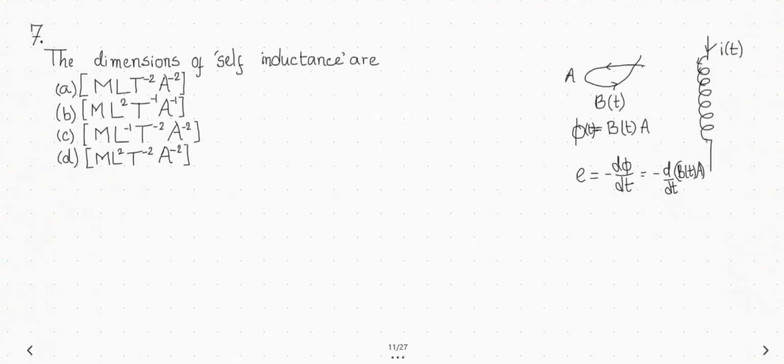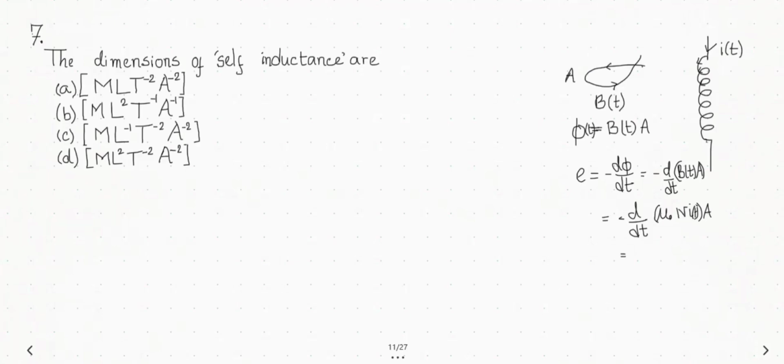Now if I put directly the value of the magnetic field for a circular coil, it will become μ₀ multiplied by N into I. If there is N number of turns, then N; if there is a single turn, then 1. Multiplied by A. Not this I, which is the steady one; I am taking the small i, which is changing with time.